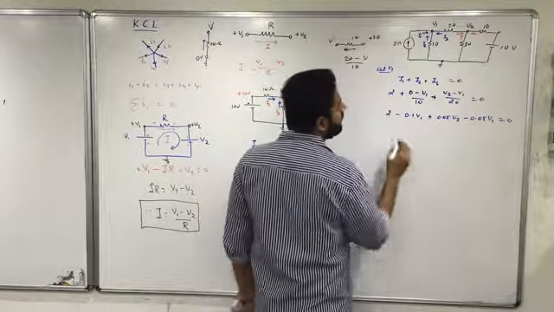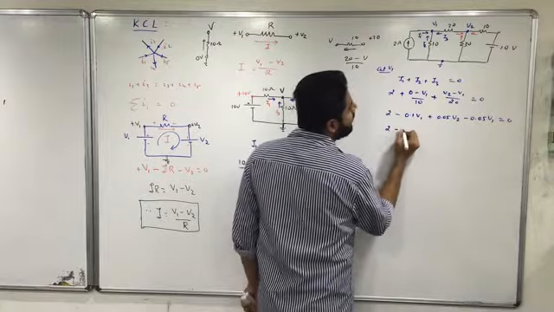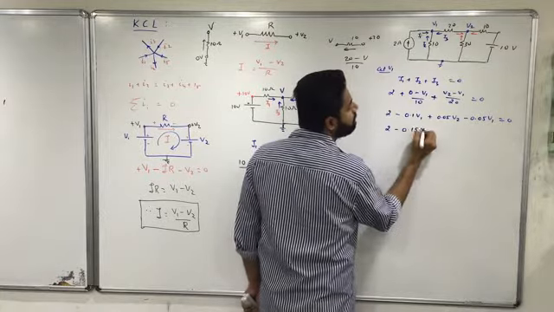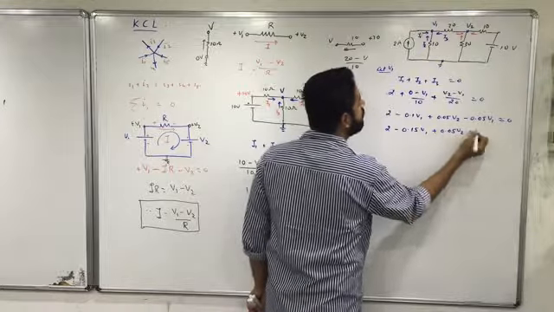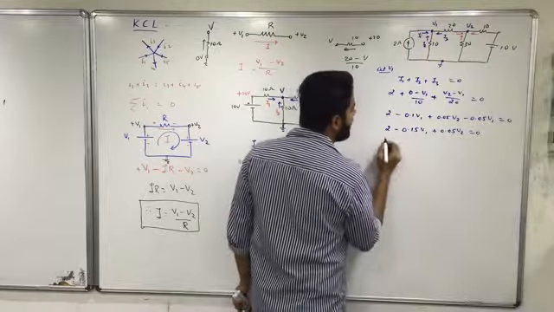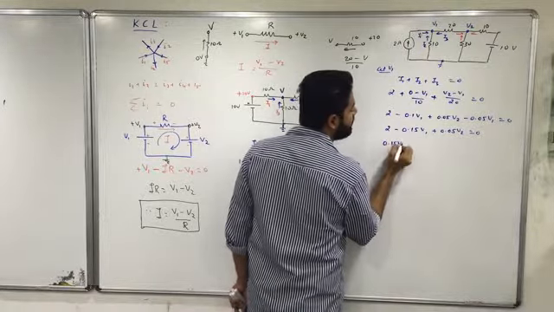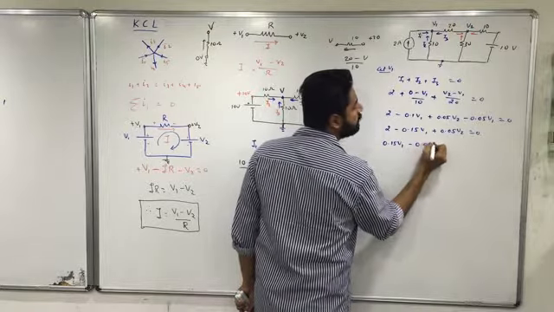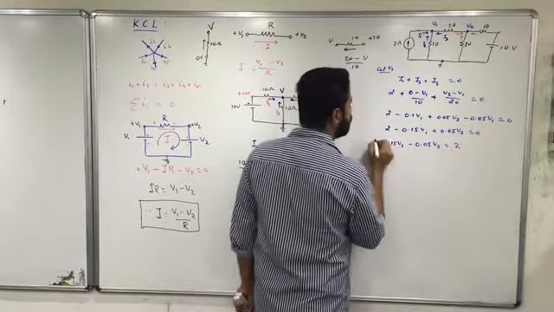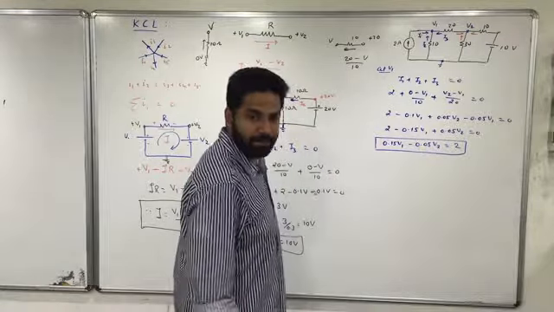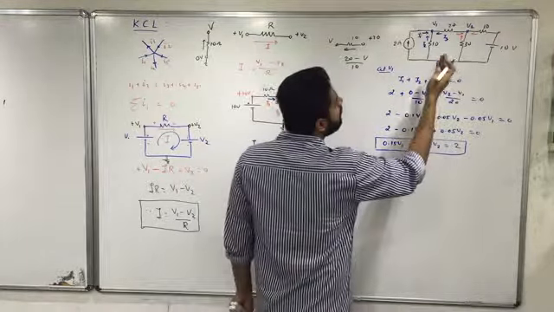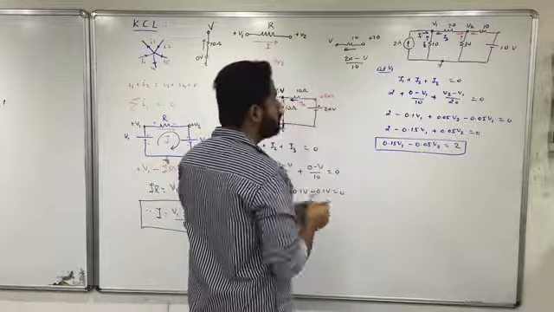So it's 2 minus 0.15 V1 plus 0.05 V2 is equal to 0. Taking it to that side, 0.15 V1 minus 0.05 V2 is equal to 2. So I have got my first equation in V1 and V2. Is that clear? Fine.